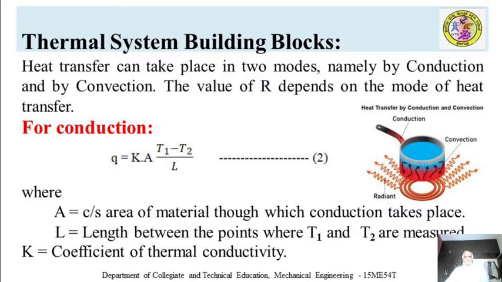For conduction, we have Q is equal to KA (T1 minus T2) by L, where A equals cross-sectional area of material through which conduction takes place, L equals length between the points where T1 and T2 are measured, and K is the coefficient of thermal conductivity.